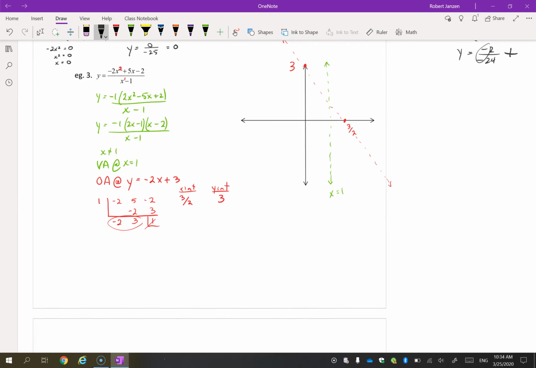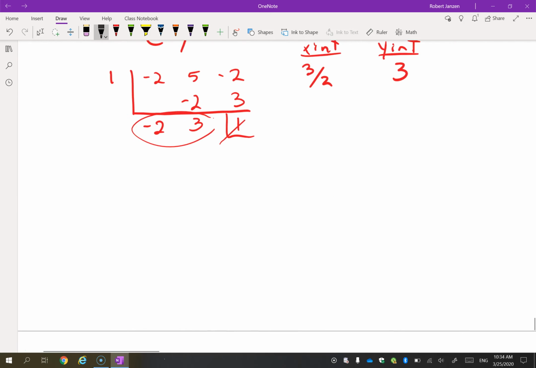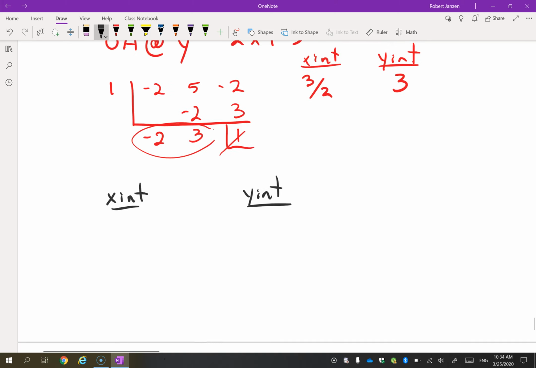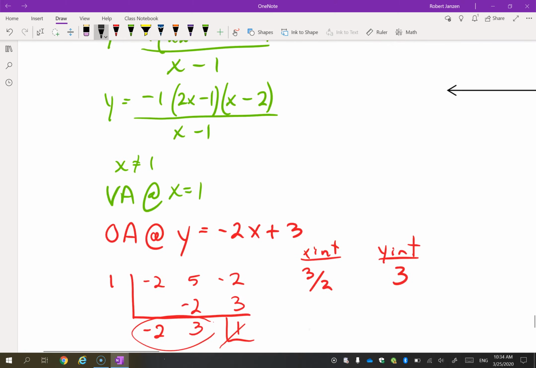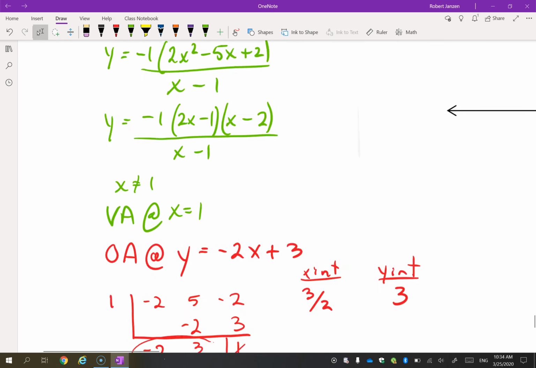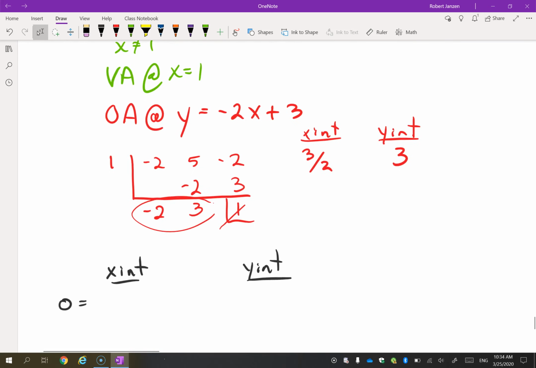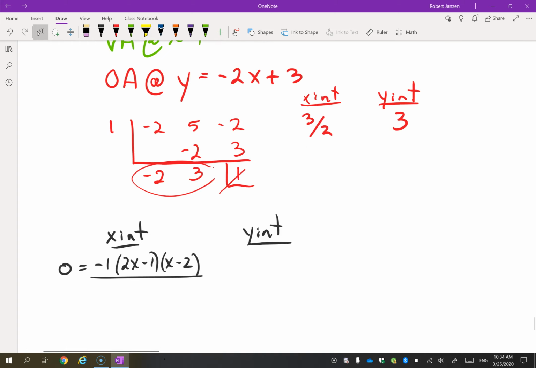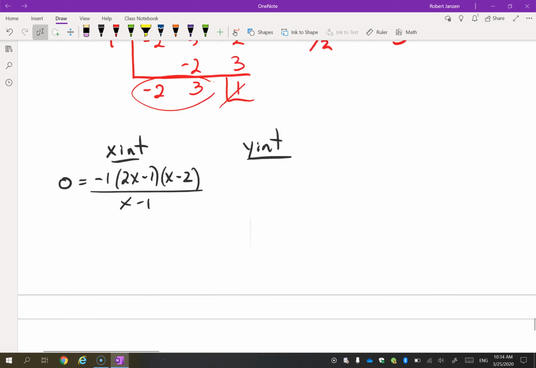Okay, what next? Now let's find the x-intercept of the graph and the y-intercept of the graph. So x-intercept, we make y be 0. And my equation is, let's take the factored form. Negative 1, 2x minus 1, x minus 2, over x minus 1.